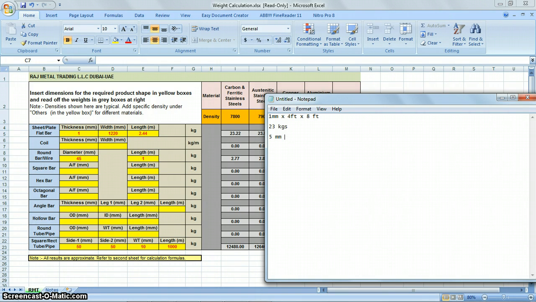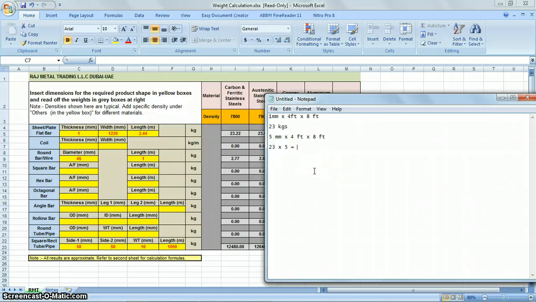Now you better remember, for example, you get an inquiry for 5 mm, 4 feet by 8 feet sheets. Now the weight of this, you don't need to come over here on this sheet and put 1220, 2.44, and then 5 and then get it. You can get it instantly by just calculating 23 into 5 into 5.